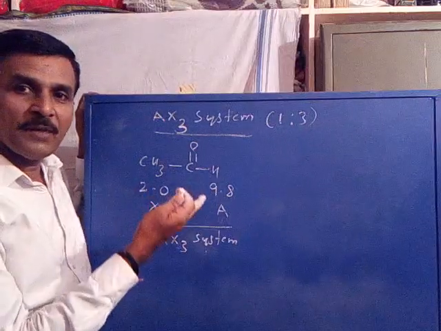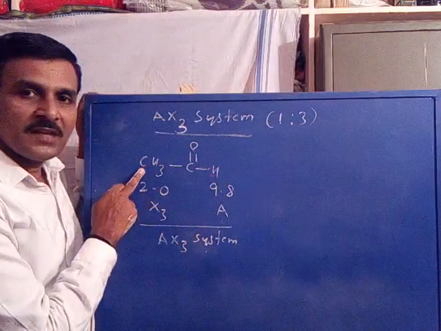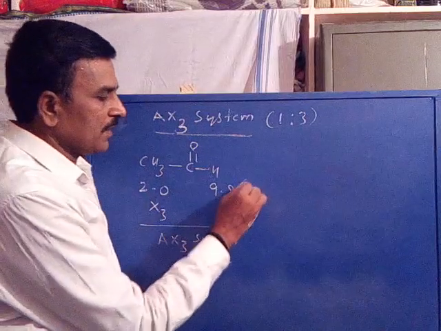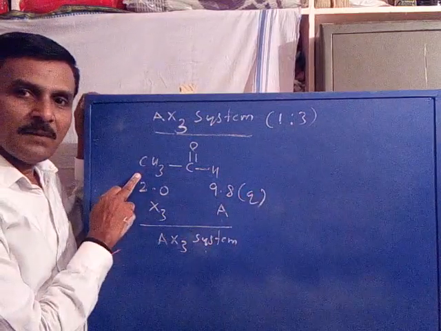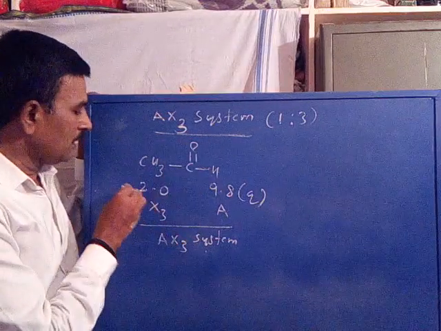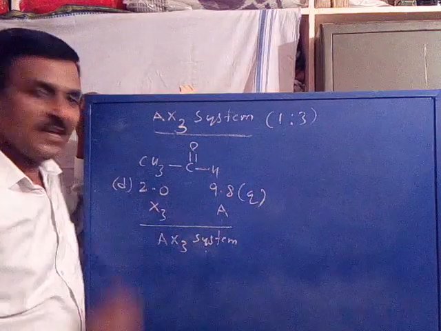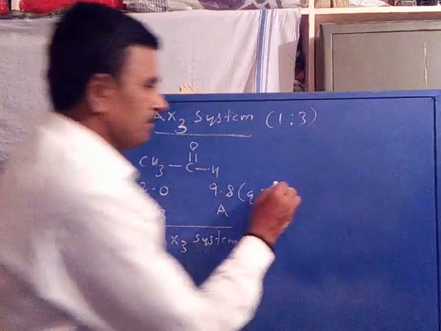Now coming to the multiplicity. The aldehyde proton is coupled with three adjacent protons, therefore it is a quartet. The CH3 protons are coupled with only one aldehyde proton, 1+1, a doublet. So CH3 appears as a doublet, the aldehyde proton appears as a quartet.